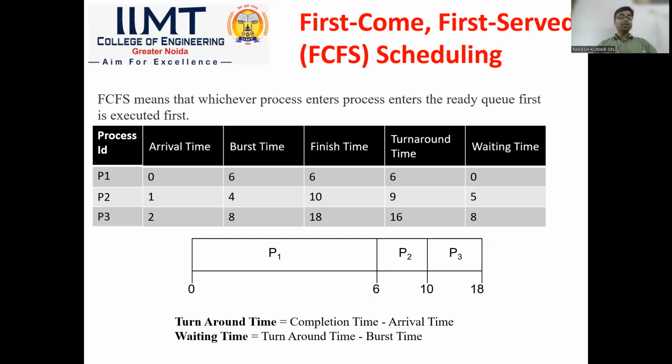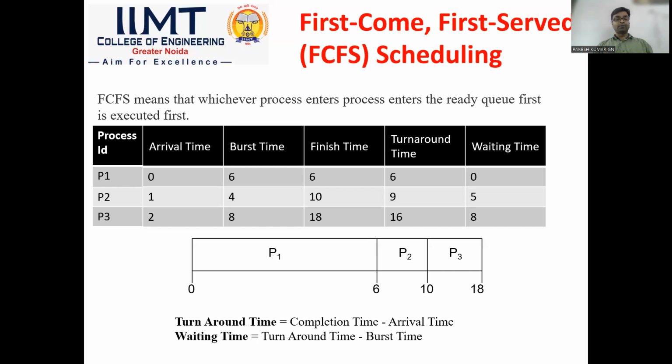Suppose process P1 arrived at zeroth time and wants a printing statement with 6 pages. At zeroth time it takes the resource, and after it prints all 6 pages, it releases the resource automatically.